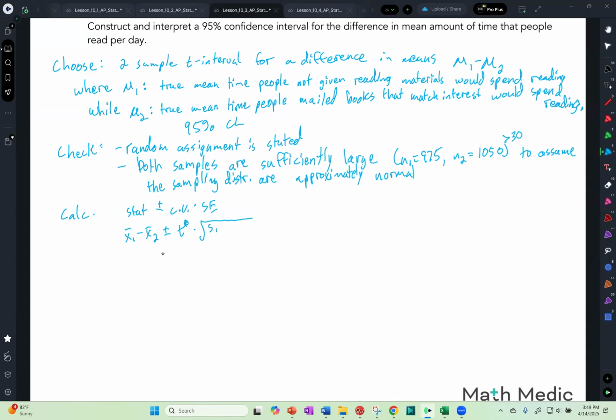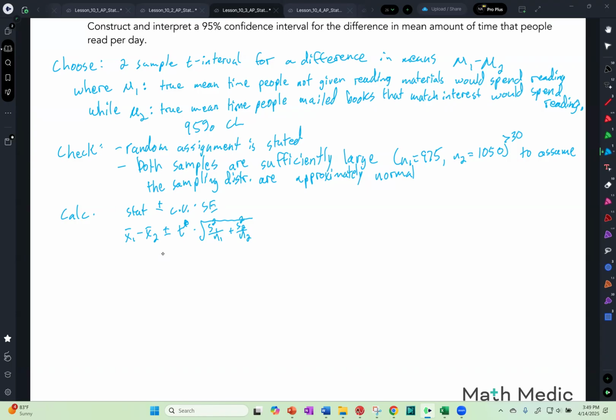So s1 squared, the variance of sample 1 divided by n1 plus the variance of sample 2 divided by n2. It really is that standard deviation divided by the square root of n, but I can't add standard deviations. I've got to add their variances. And so if I take s divided by root n and square it, that's how I'm getting s1 squared divided by n1, etc.